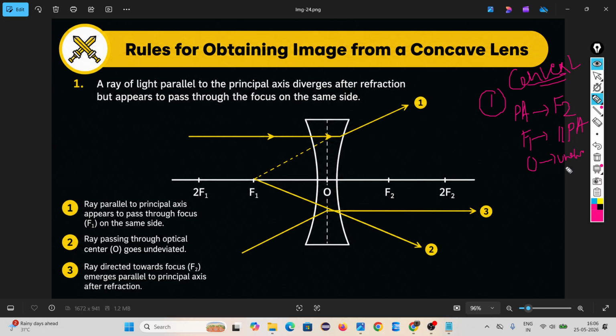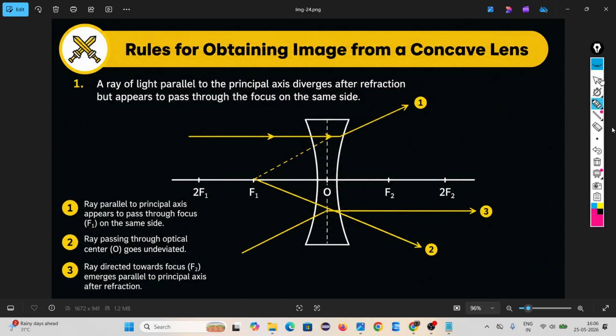This is for convex. Concave: if light is coming parallel to principal axis, it appears to meet at F1. If light passes through optical center, it remains undeviated. If light is coming towards F2, it becomes parallel to principal axis. These are the 6 rules.